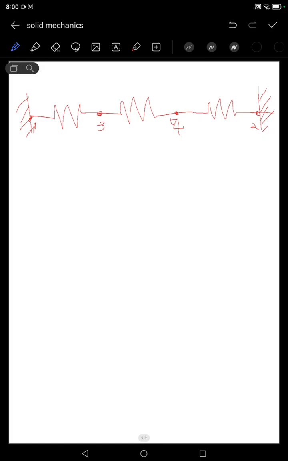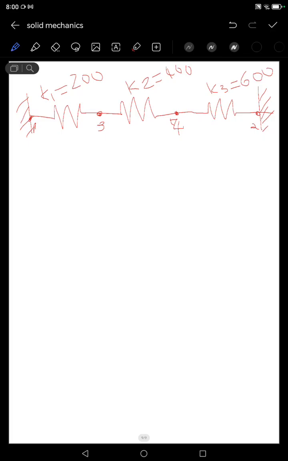Okay, so the first K1, the first K is equal to 200 Newton per millimeter. So we have 200, and then the second one, K2, is 400. We have 400, okay? And then K3 we have 600. This is from the example. Okay, we have 600.